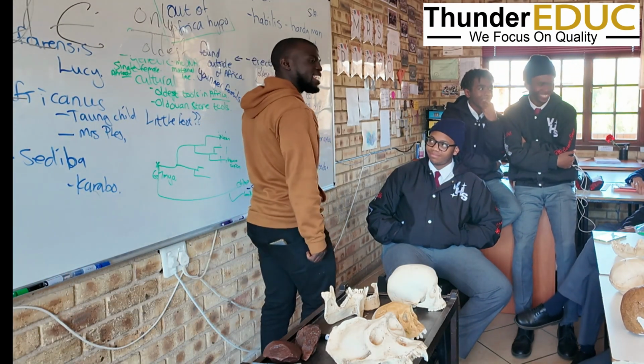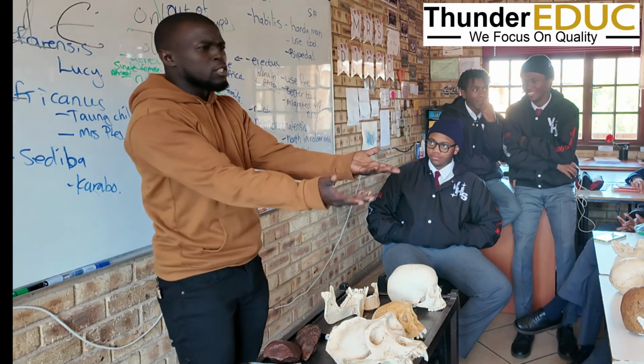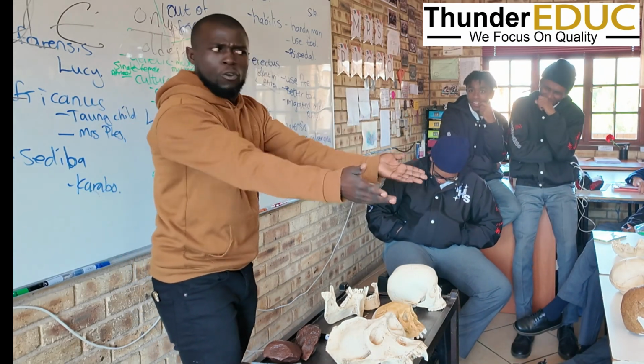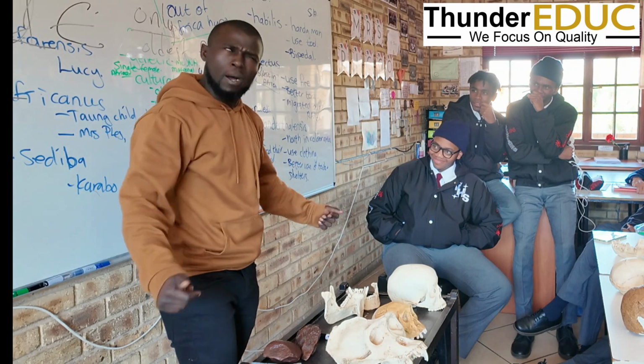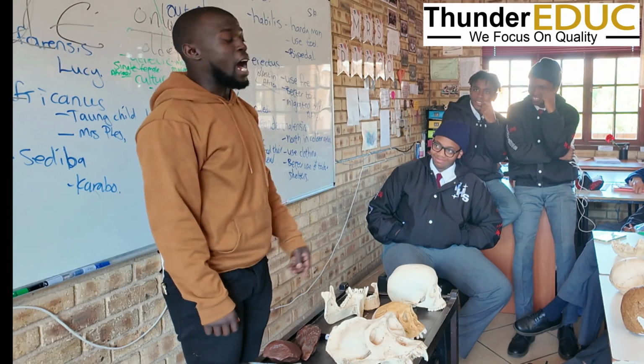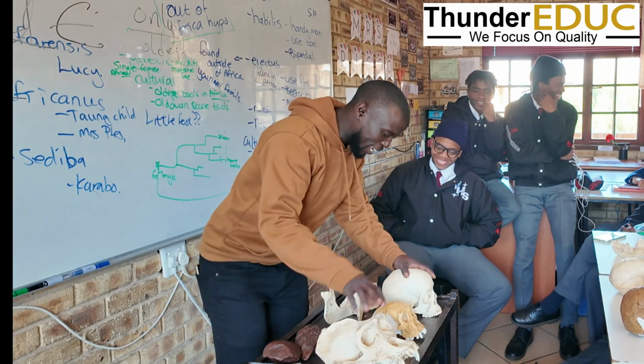They call it the upright walking man. So guys, these things are simple. If they ask you the common name of Homo erectus, then you think about erecting, walking upright.